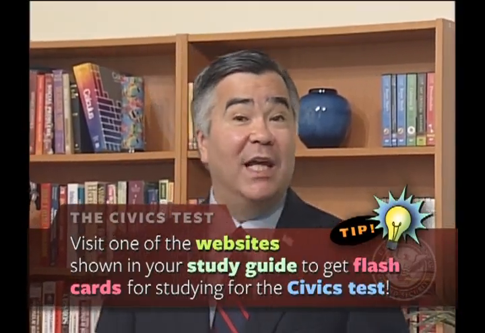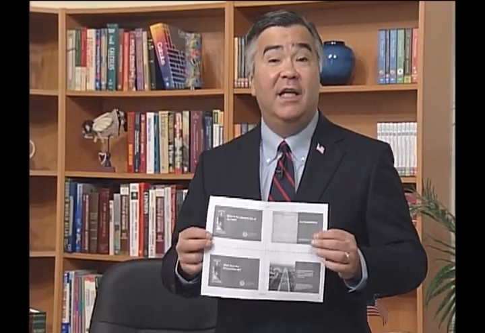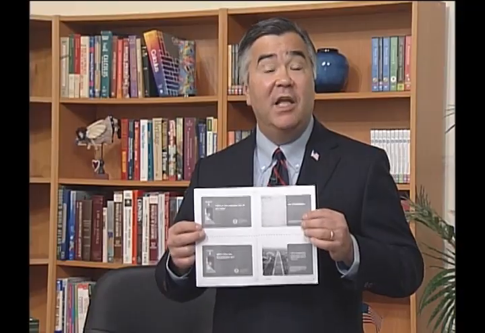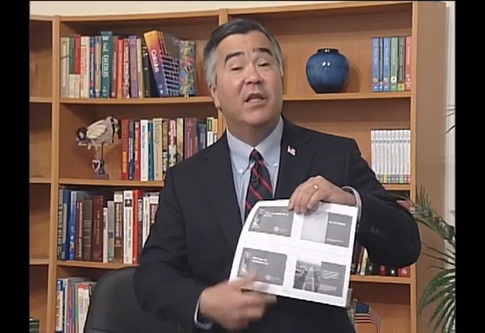Let me show you what they look like. When you download the flashcards from your computer, you'll find that you can print them out in a form looking just like this. The way you prepare the flashcards to use in studying is by taking a pair of scissors and cutting along the line down the middle of the page, as shown on the printout.